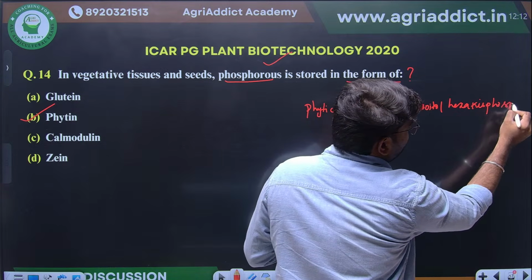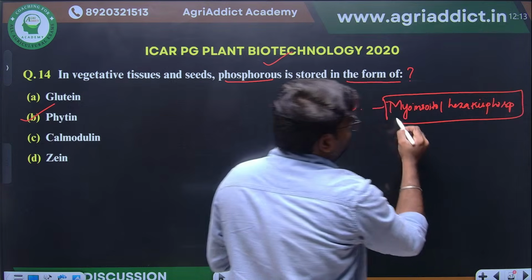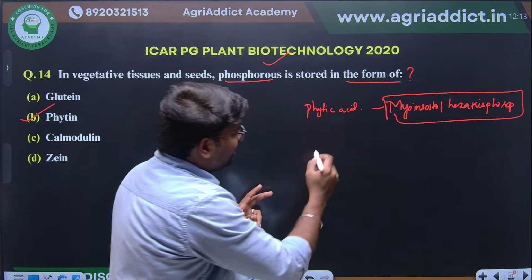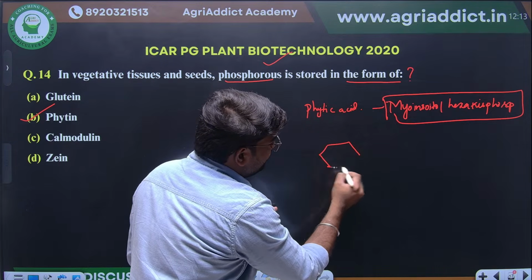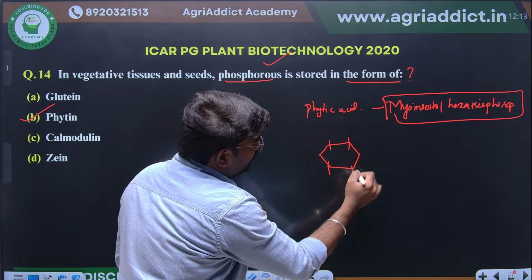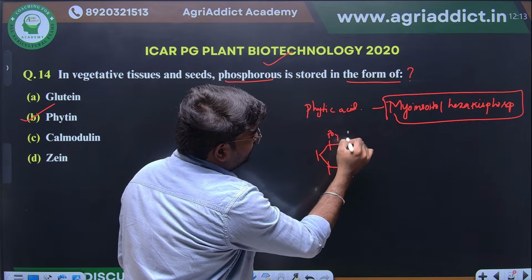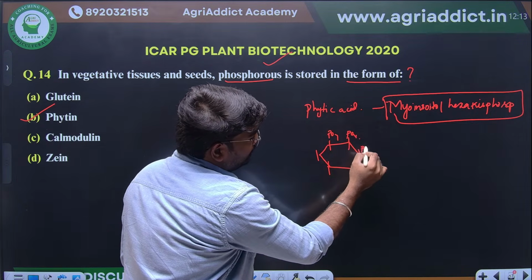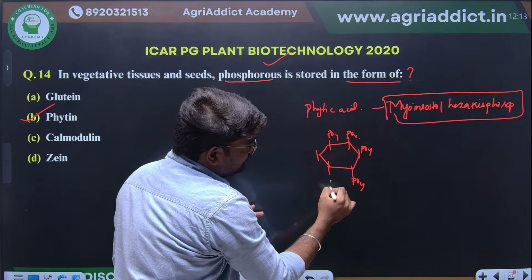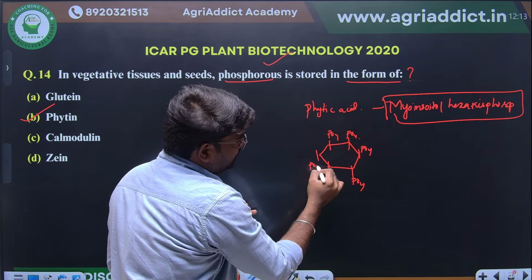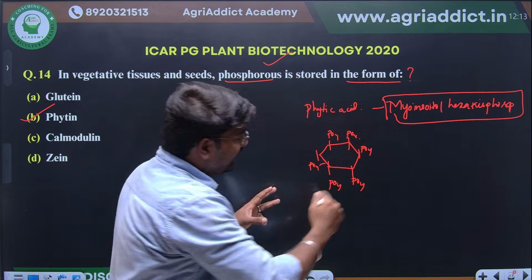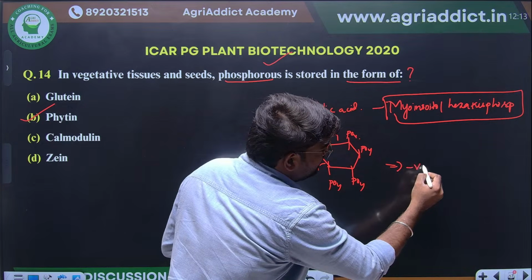This is another important point you have to remember. There will be a myoinositol structure, and here 6 molecules of phosphorus will be attached to this structure. The most important thing about this myoinositol phosphate is that it will have excessive negative charges.